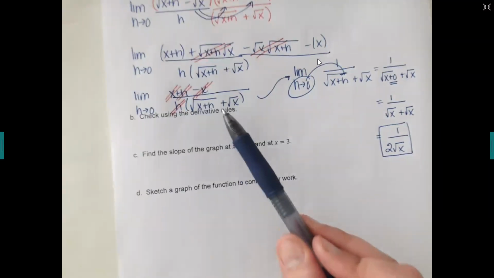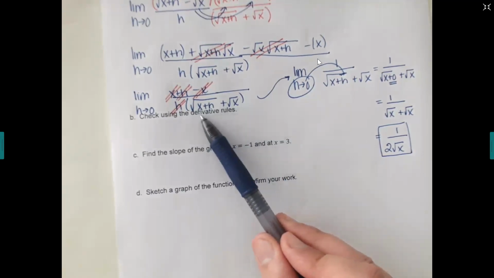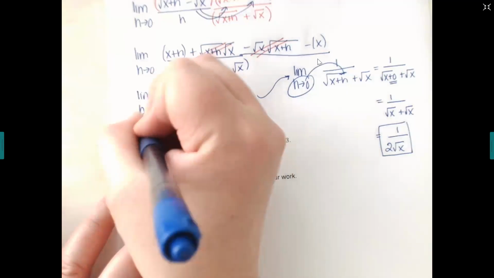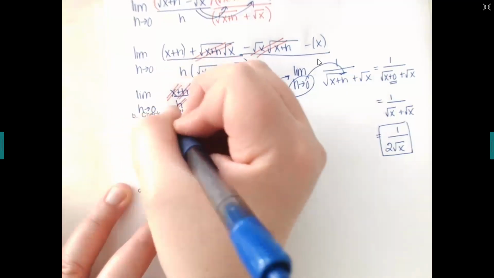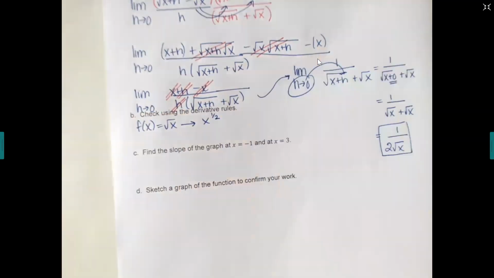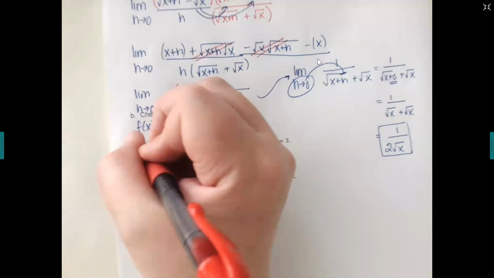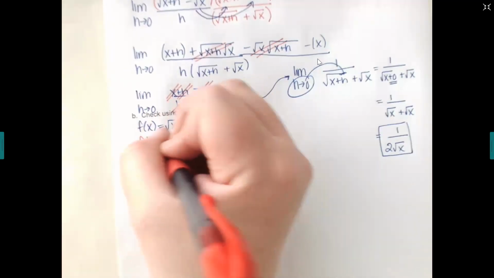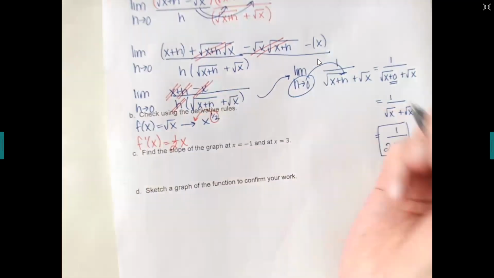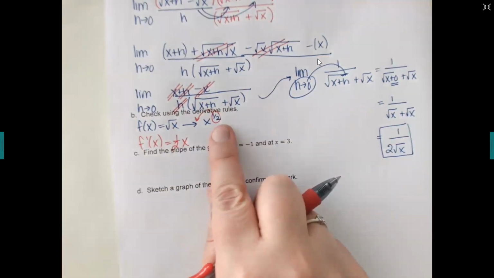Okay, and then it says right here, we're going to check that that's right using our derivative rules. So if my f of x is the square root of x, that really is x to the 1/2 power. And remember what we said about taking derivatives. For f prime of x, I'm going to multiply that 1/2 down to the front, and then decrease that power by 1.